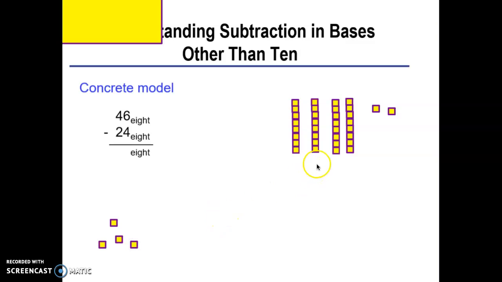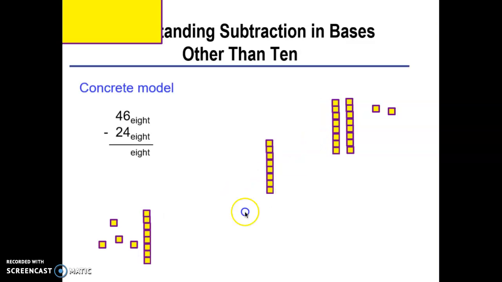All right, no problems there. And now I'm going to remove 2 longs, 1, 2. And so what I have remaining, 2 tinies and 2 longs. 46 base 8 minus 24 base 8 is 22 base 8. 2 longs and 2 tinies.